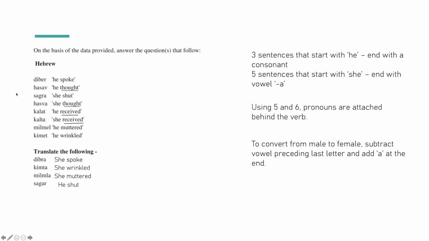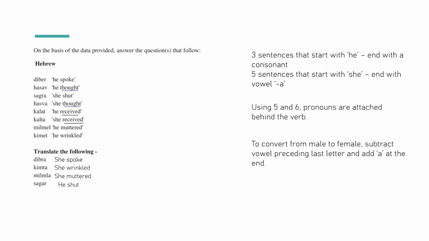Perfect. That was what I just explained. That it's a quirk of the language, milmel and milmila. It's easy to convert to female because you omit a letter, but converting back to male is a bit more confusing. For example, if you're given sagra and told to convert it into male, as in we know that sagra is she shut.